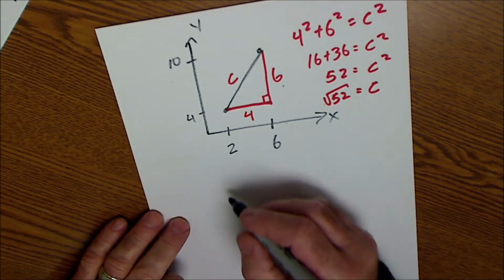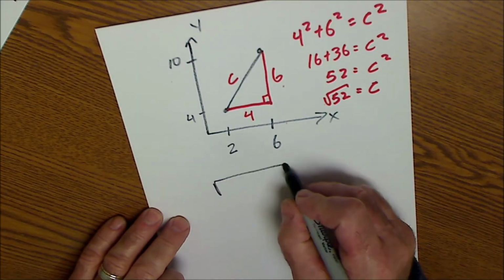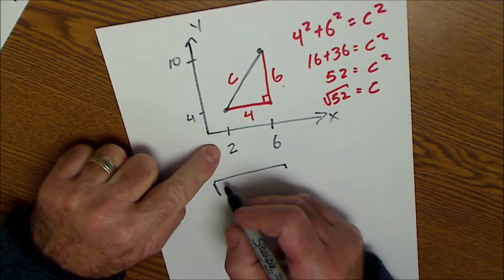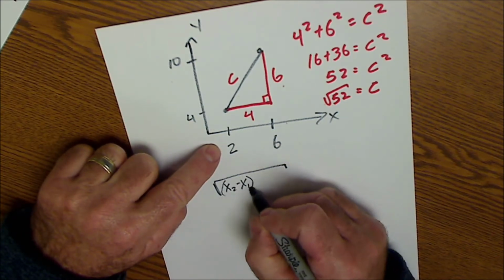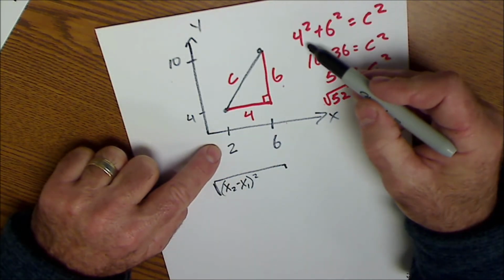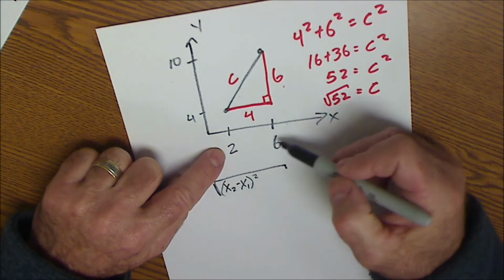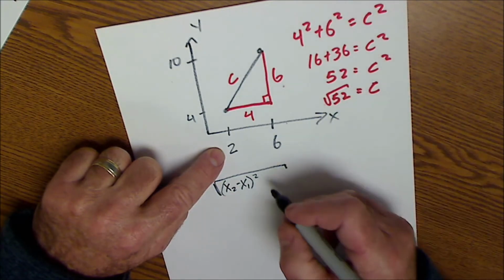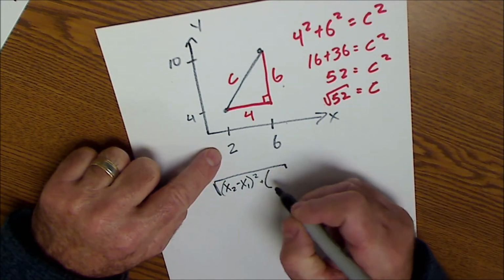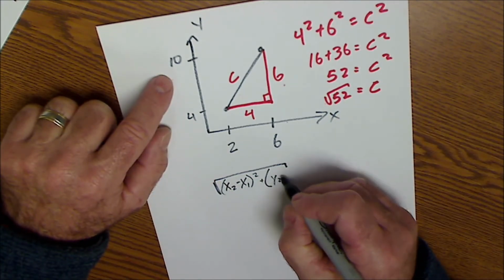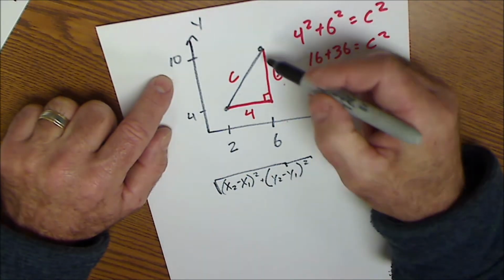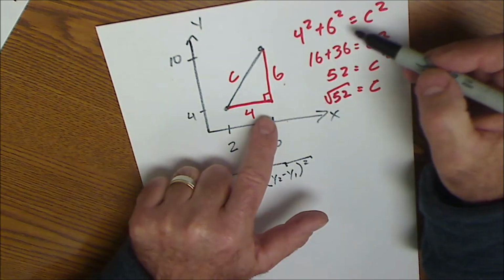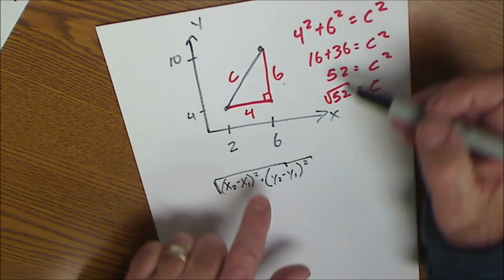Well, the distance formula is the square root of the difference in the x values, so x2 minus x1 squared, plus the difference in the y values, y2 minus y1 squared. Well, that's what we did here, right? We did the distance from 2 to 6 is 4, and we squared it. We did 10 minus 4, 6 squared.